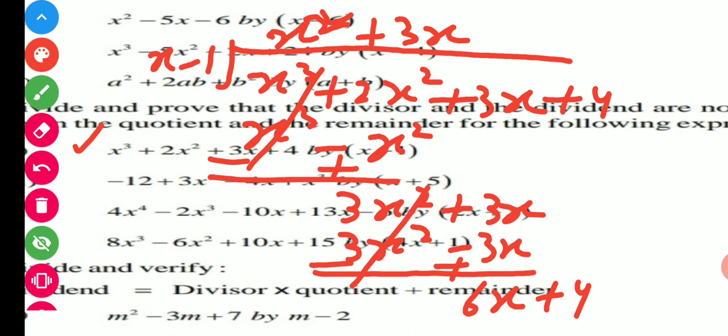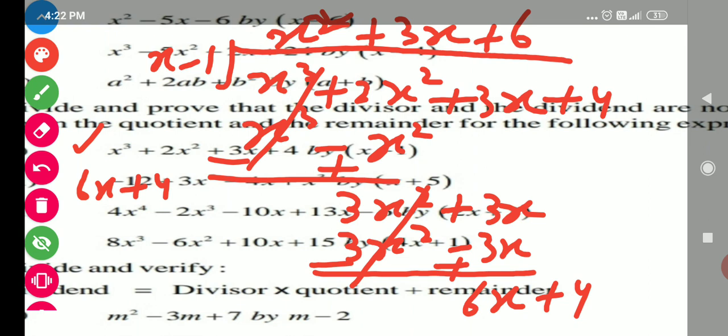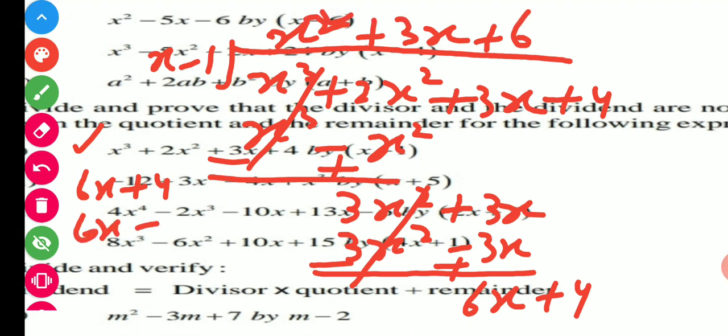So how can we write this one? मैं इसको यहाँ लिख दे रहा हूँ जरा, 6x plus 4. How many times? It is 6 times, so you can write here 6 times. So it will be 6x and minus 6, change their sign, so it will cancel out, and here is 10. That is the remainder.